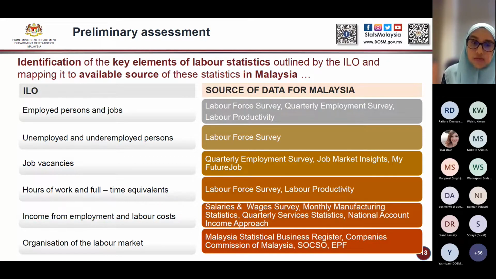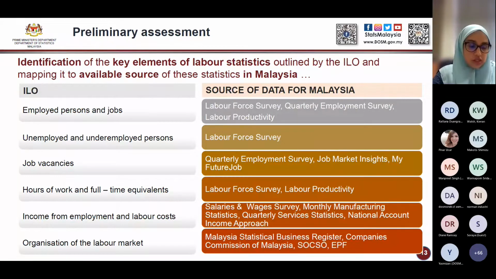In terms of hours of work, this is quite tricky because this is usually only available through surveys and also estimation of labor productivity. For income from employment and labor costs, besides the statistics, there is also estimation from national accounts and from administrative data sources based on the contributions made by employees and employers for social security and the Employees Provident Fund.